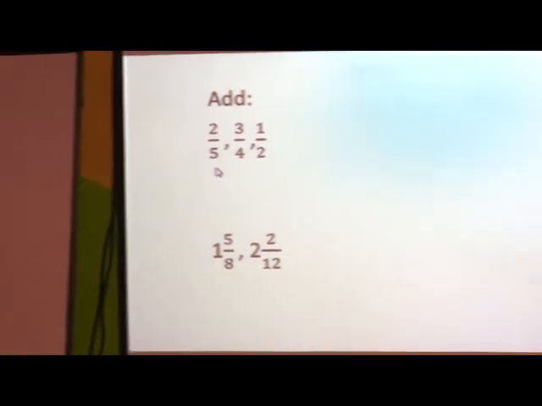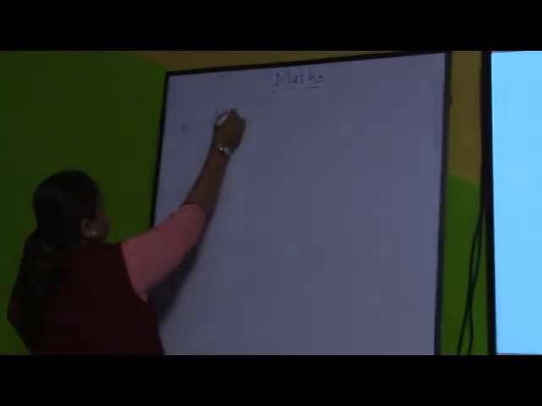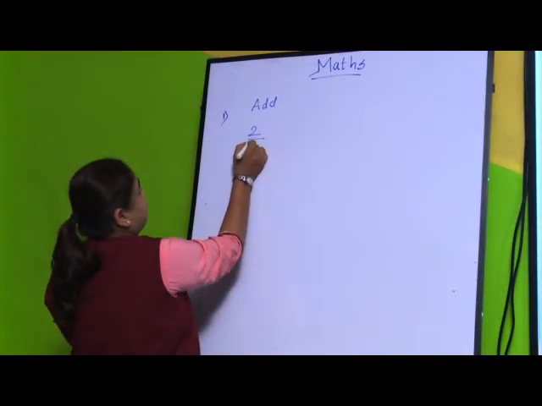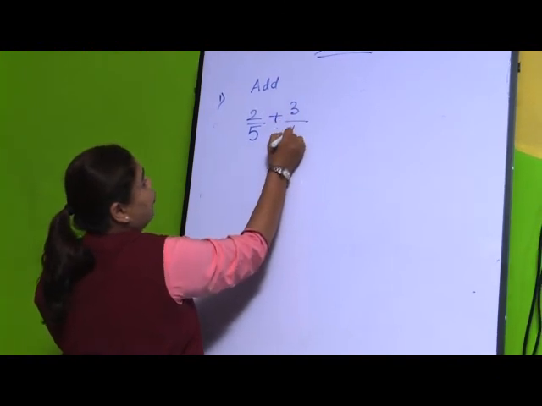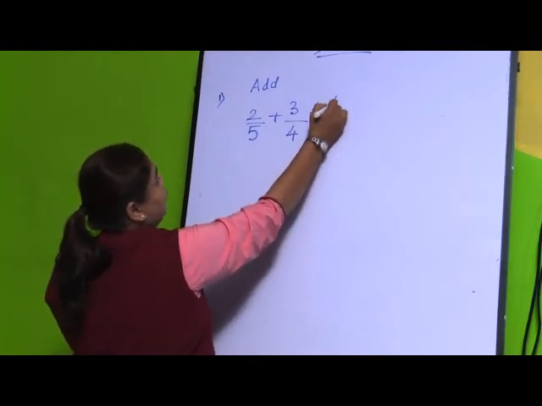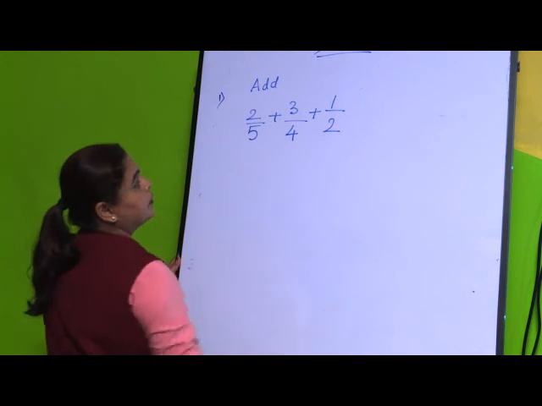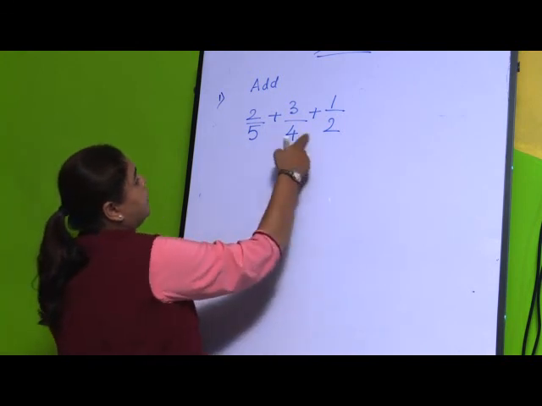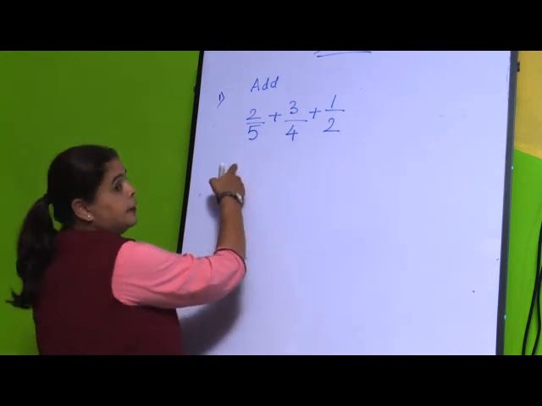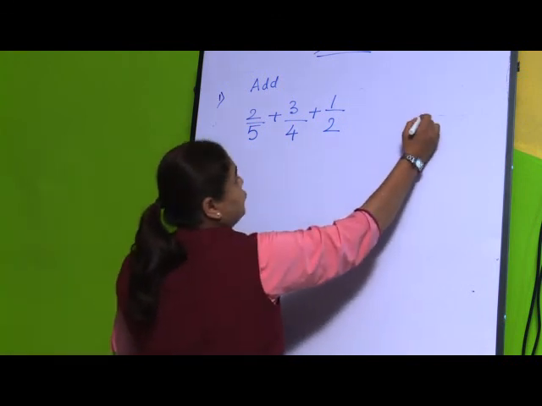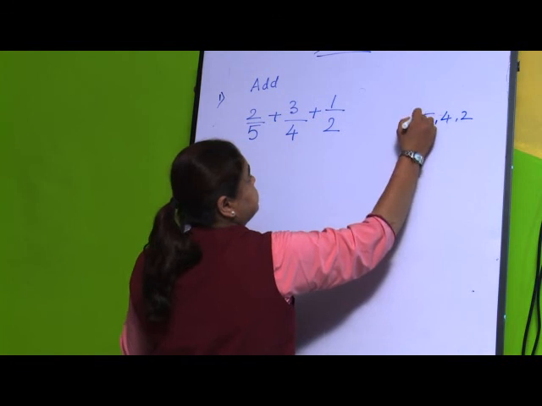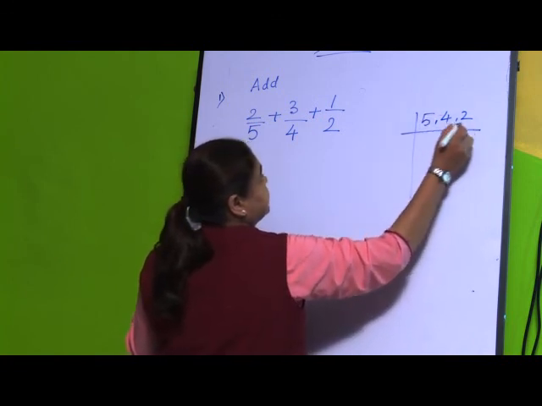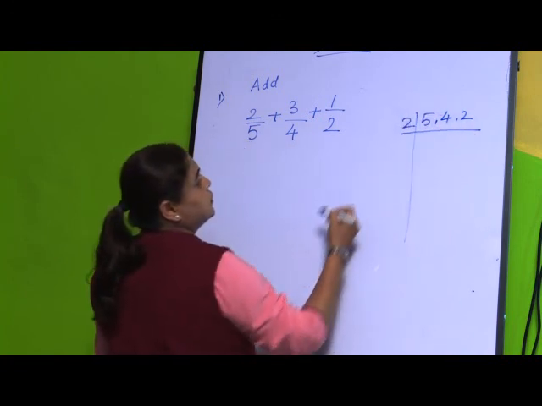First one is add 2 upon 5 plus 3 upon 4 plus 1 upon 2. All the denominators are different numbers. As I told you, first we will find the LCM of these. We start with 2.